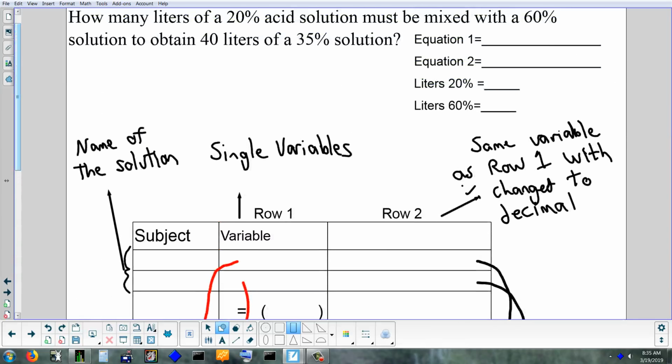All right. So how many liters of a 20% acid solution must be mixed with a 60% solution? What's our first percent going to be? What's our first subject going to be? What's one of the solutions, Matt?